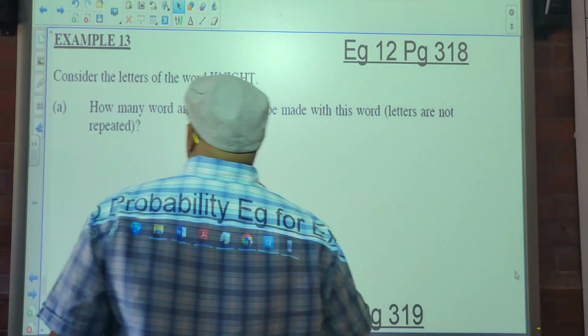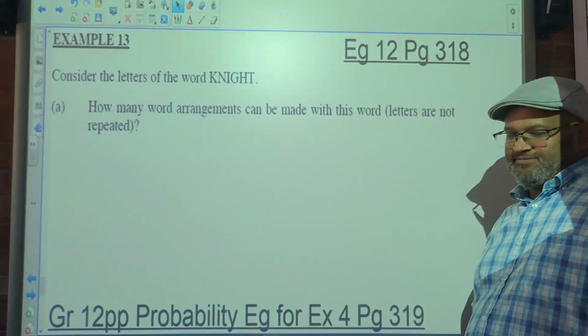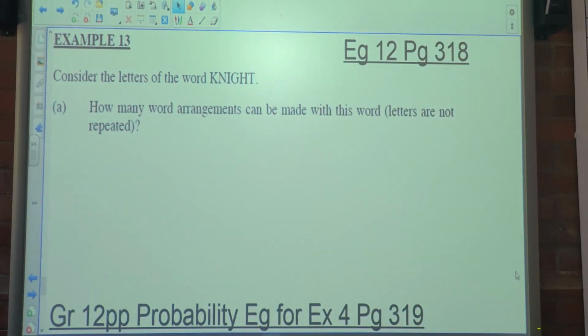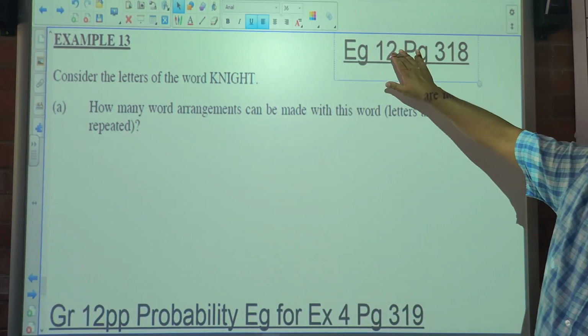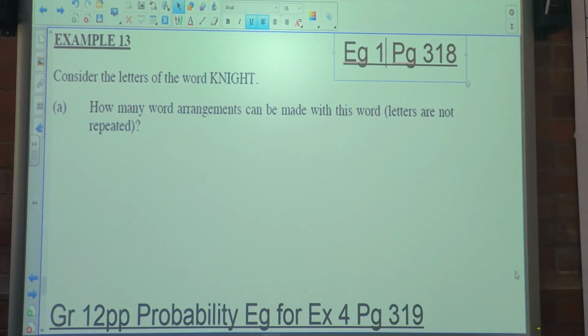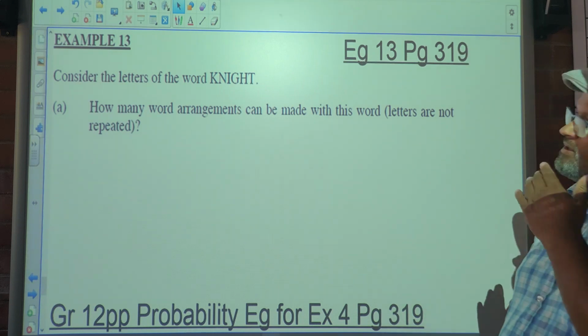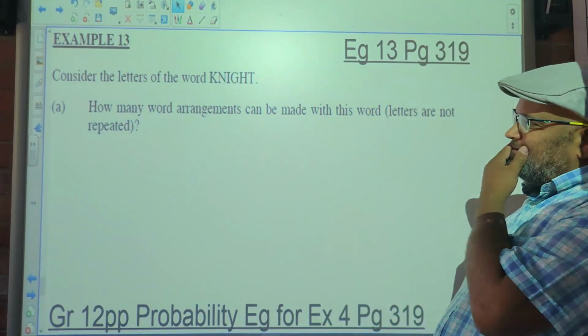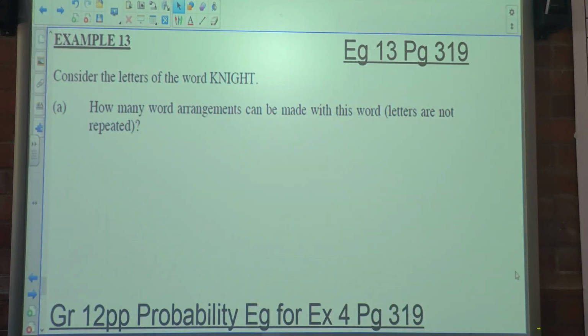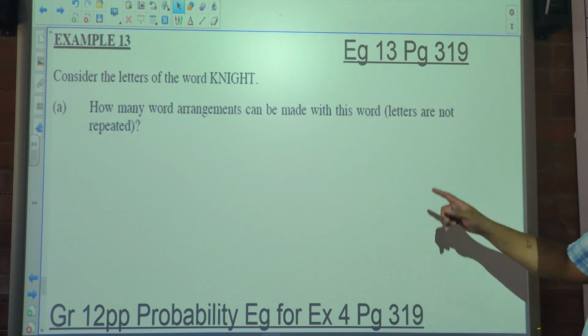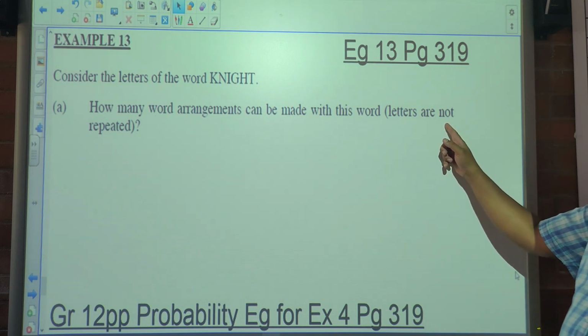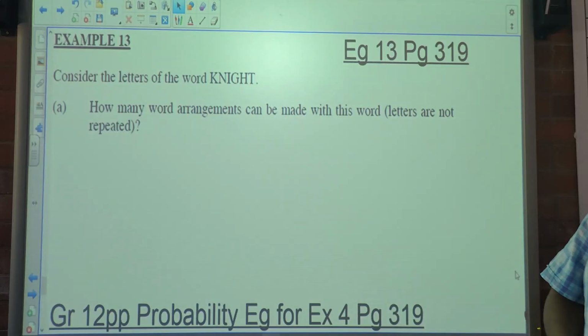People, consider the letters of the word knight. This is now, of course, example 13, page 319. Consider the letters of the word knight. How many word arrangements can be made with the word? The letters are not repeated.